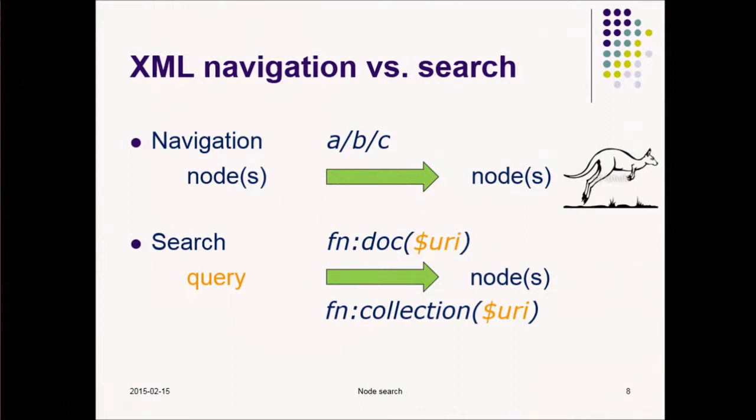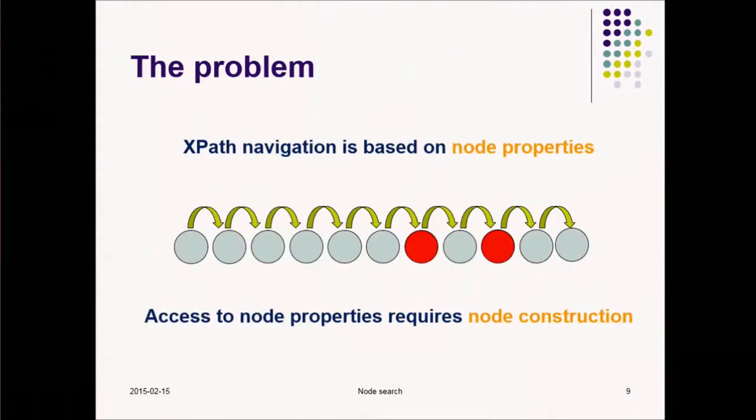XPath's support for node search is restricted to the functions doc and collection. And this is really a very poor support. So the smartness of XPath is navigation, not search.